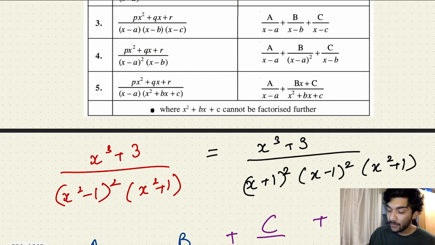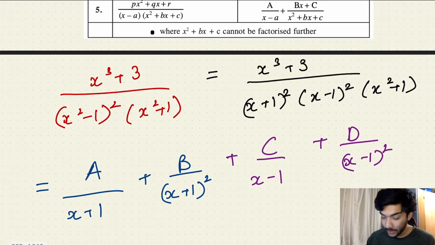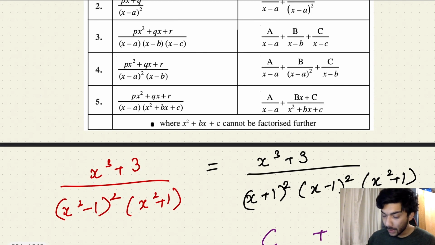The only thing that is left is this quadratic expression. And as we discussed in the previous video, whenever you have a quadratic expression in the denominator which cannot be factorized further, you take the quadratic expression in the denominator, and in the numerator you have a polynomial of degree 1 lesser than the denominator, so the quadratic expression in this case. Since the quadratic expression is of degree 2, the numerator will have degree 1, right?